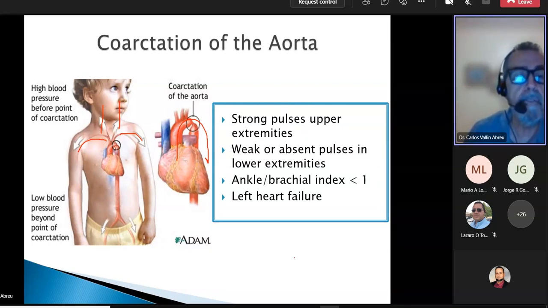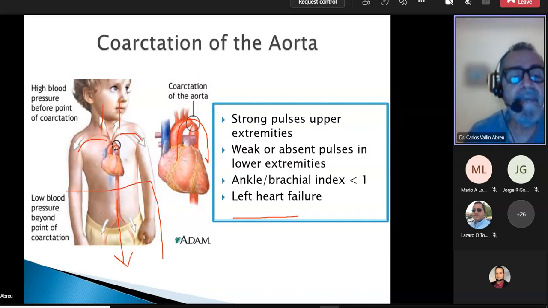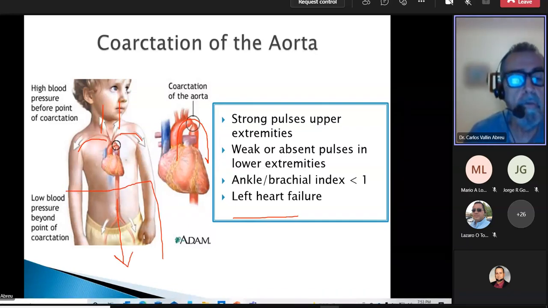So the parts of the body that are going to suffer the consequences of this malformation are the lower part of the body. Now, what is the finding of a child born with this condition?